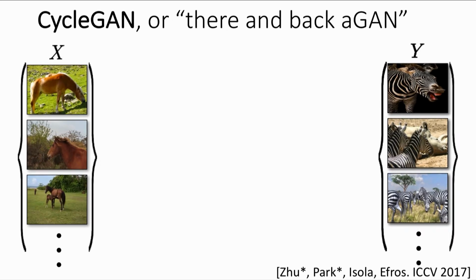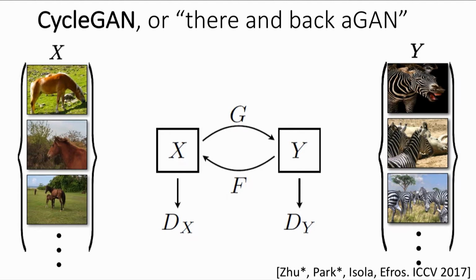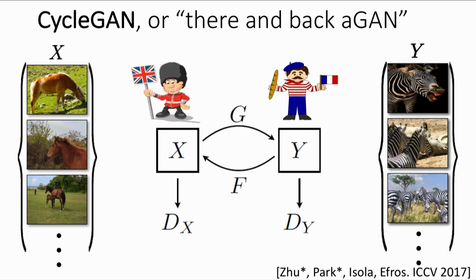So what we can do here, we don't have correspondences, but we take the adversarial network idea and combine it with what we call cycle consistency. Think about it like in language. Let's say that you want to write a letter in French and you only speak English. So you translate into French using Google Translate, and then to make sure that it's correct, you translate it back into English and see that it actually is the same thing.